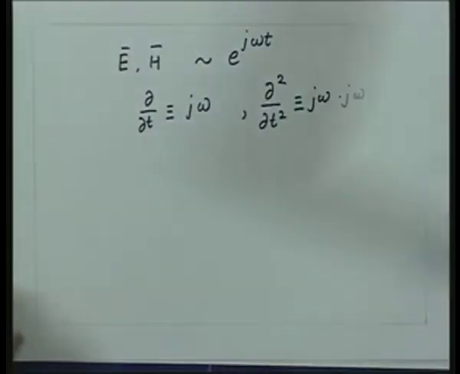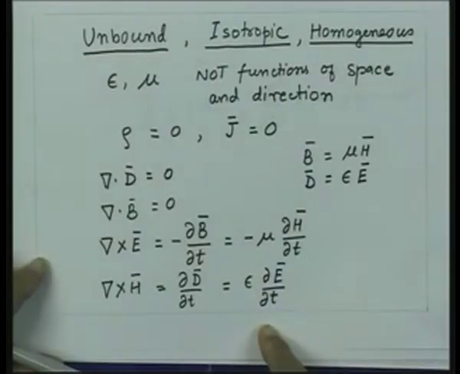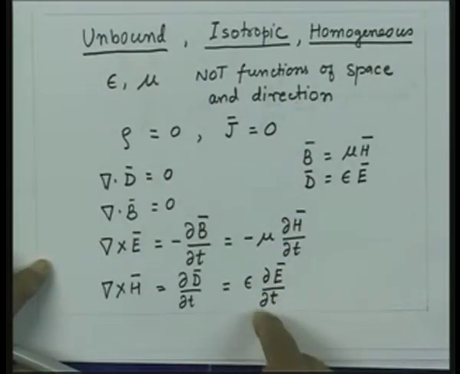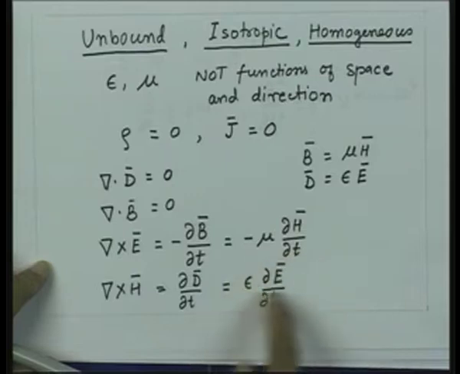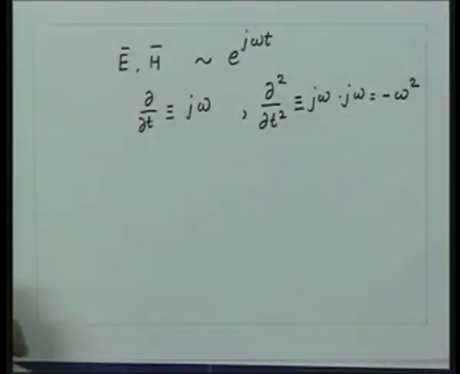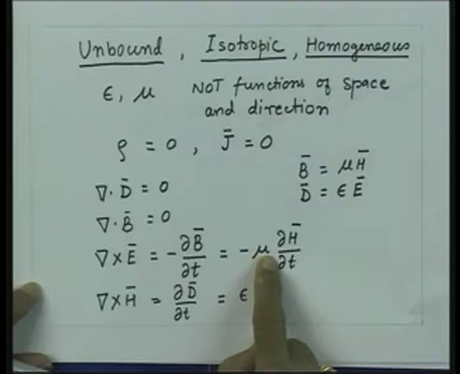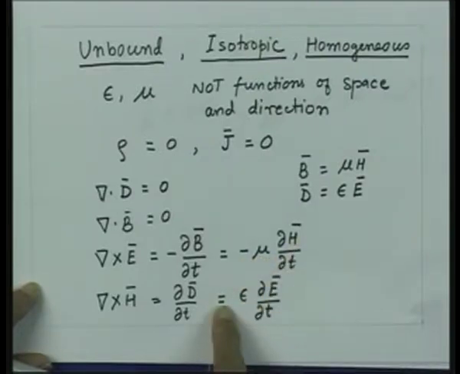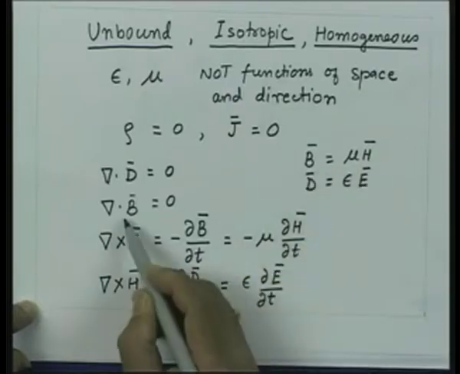So all the time derivatives which we have here can now be converted by multiplying this quantity by j omega. So this quantity now will be minus j omega mu times H, and this will be j omega epsilon times E. So for the time harmonic case, we can write down the equations: del dot D equal to 0, and again substituting D equal to epsilon times E in this equation and B equal to mu times H in this equation.